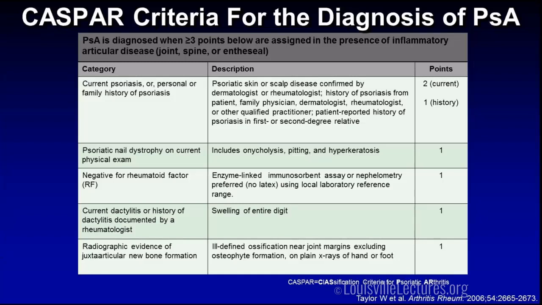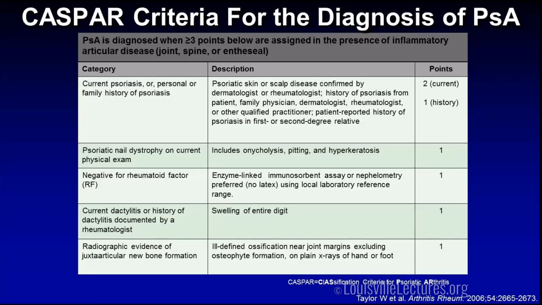And then there's only one criterion that is radiologic in nature, and that's presence of juxtaarticular new bone formation, which is this ill-defined ossification near the joint margins. They're given a point for that. And if a patient has a total of at least 3 points, then they are said to meet criteria for psoriatic arthritis diagnosis.